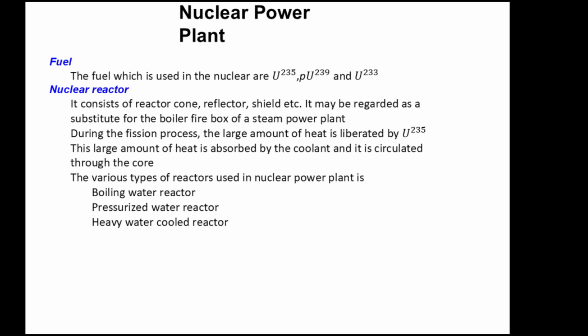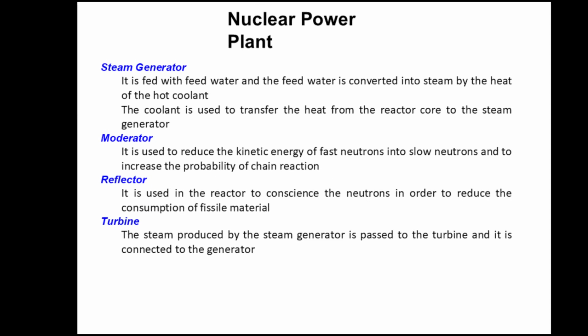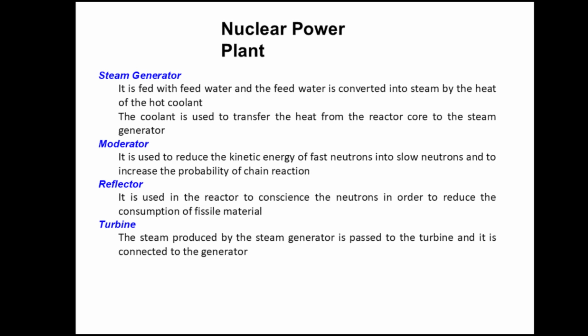This heat is absorbed by the coolant and circulated through the core. The various types of reactors used in nuclear power plants are boiling water reactor, pressurized water reactor, and heavy water cooled reactor.